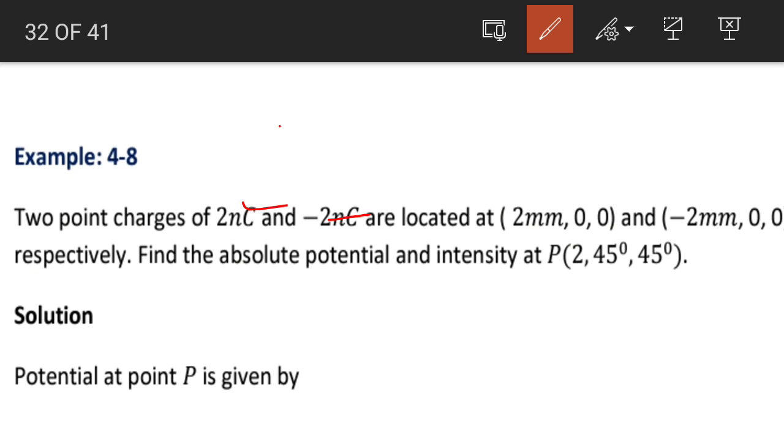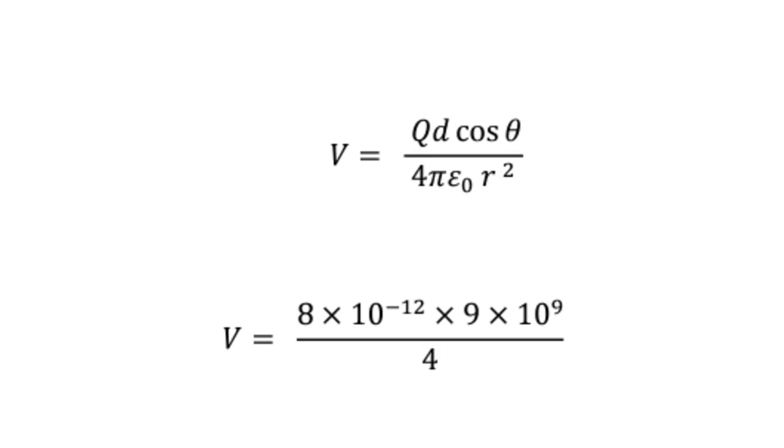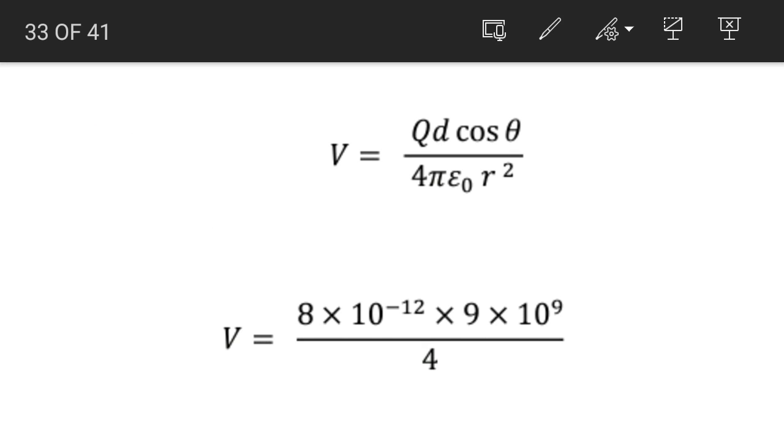We know that the potential due to the electric dipole can be calculated with the help of this particular equation. We have QD cos theta divided by 4 pi epsilon naught r square.